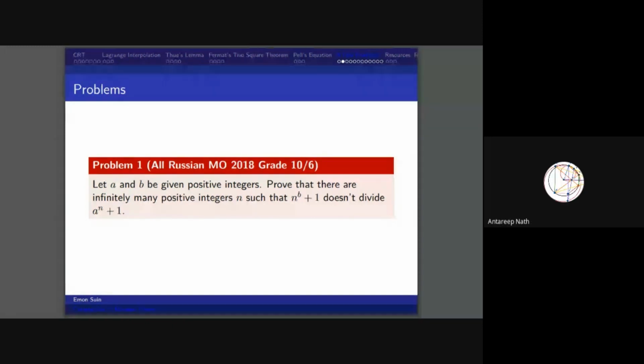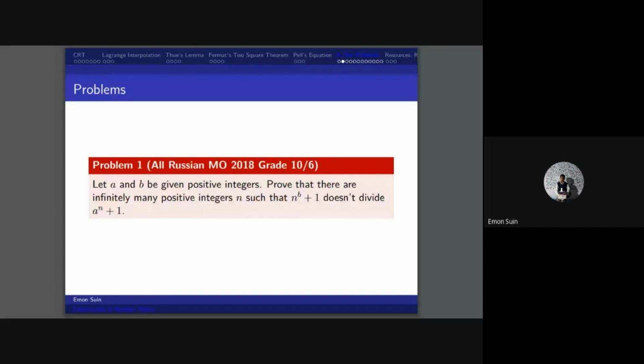Are we free to choose a and b? Well, a and b are given positive integers, so you can't choose those. It will hold for any a and b. What we have to prove is that it holds for infinitely many integers n.